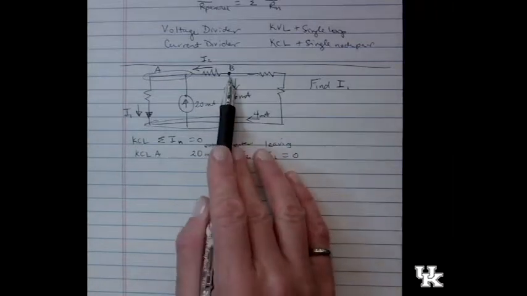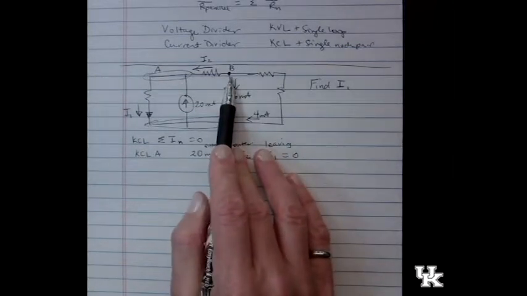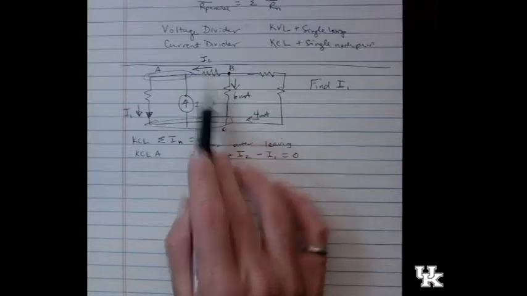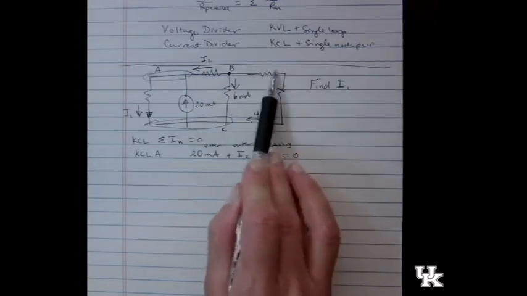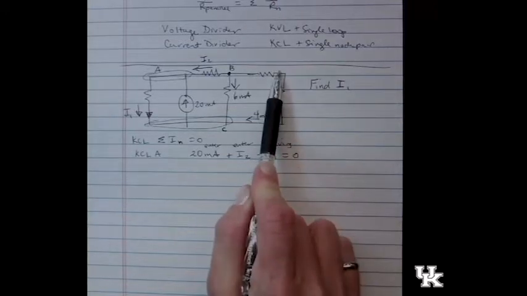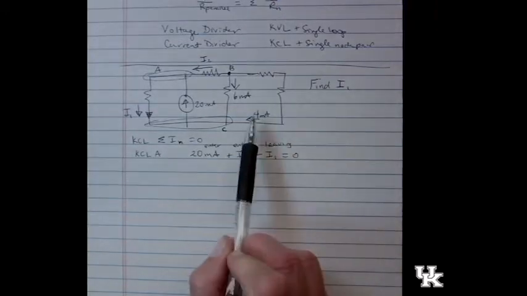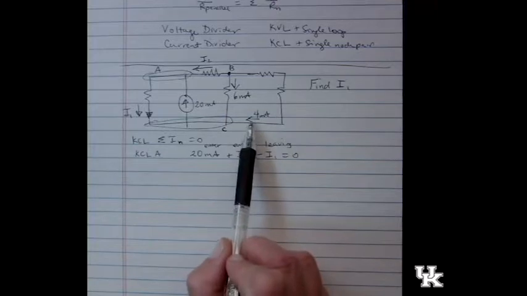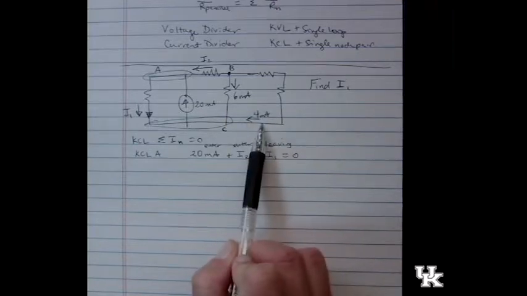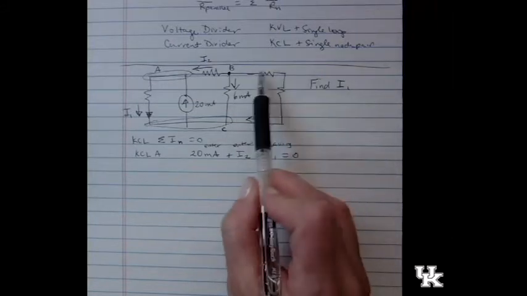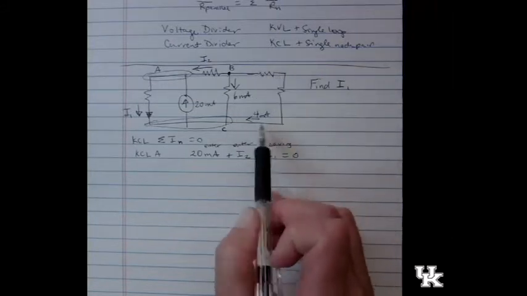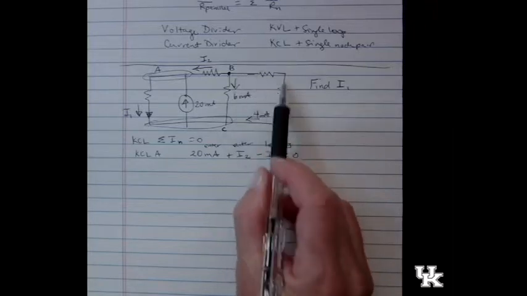So let's look at node B. I've got I2 leaving and 6 milliamps leaving. And then up here at the top, do I know anything about this branch? Right. If we take this 4 milliamp piece of information and we work our way backwards through this branch, we would look at it and say, is this 4 milliamps going through this entire branch?